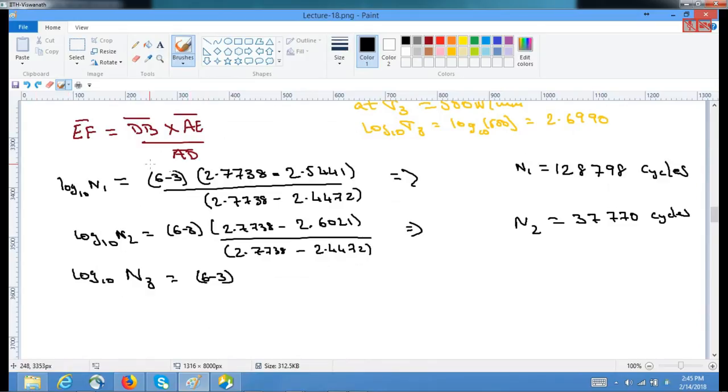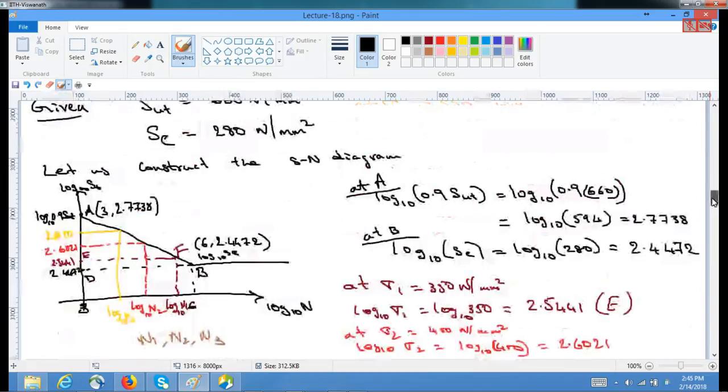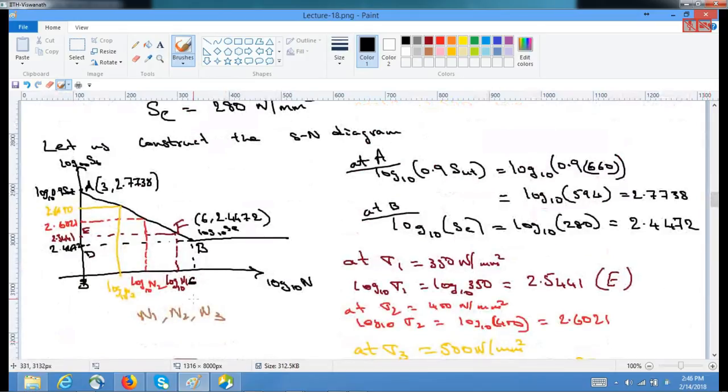So this plus 3 has to be added, because EF is nothing but this fellow. But log 10 N1 is coming from the 0, and EF is only this part of it, so we have to add for the EF. If you add this 3, then you'll get the corresponding N1.